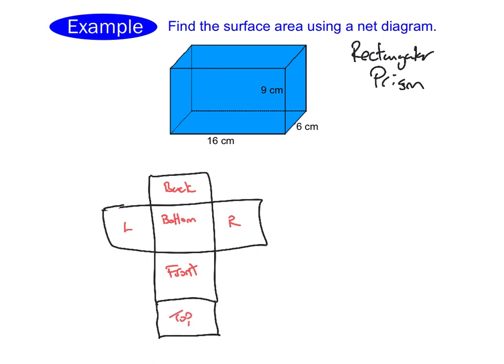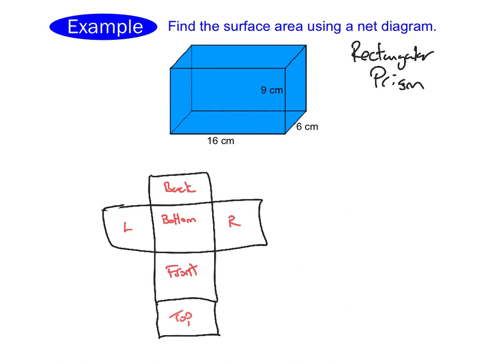Now, the labeling of the sides, like calling them top, bottom, left, right, front, doesn't really matter. What really matters is the next part, because the next part is we are going to label the length, the width, and the height.